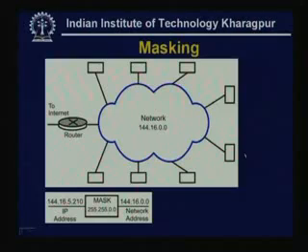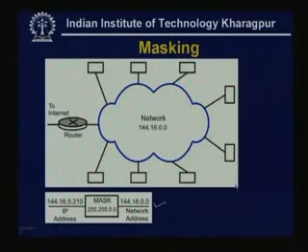Now you may be asking, whenever an IP address is being used, how does a particular network receive a particular packet which is meant for that network? This is done with the help of a technique known as masking. As you can see, this is the IP address, and the router has to filter out packets corresponding to this network.